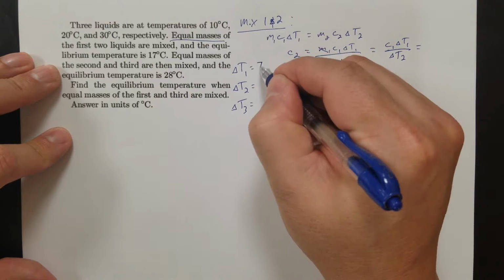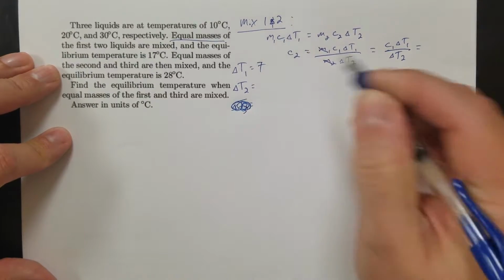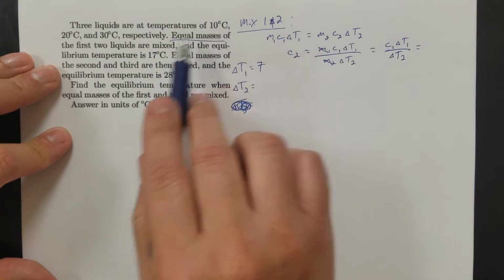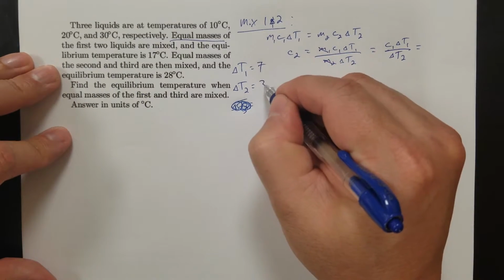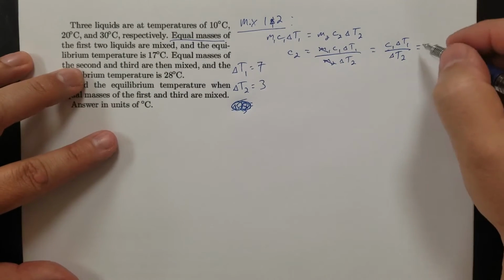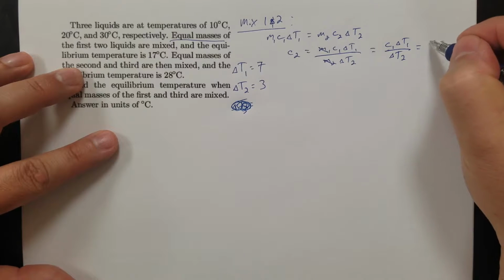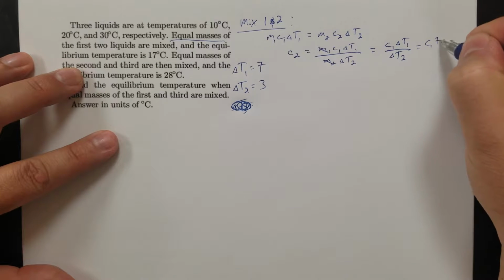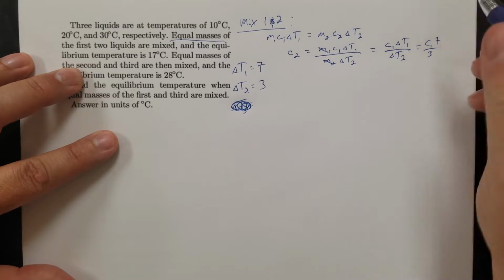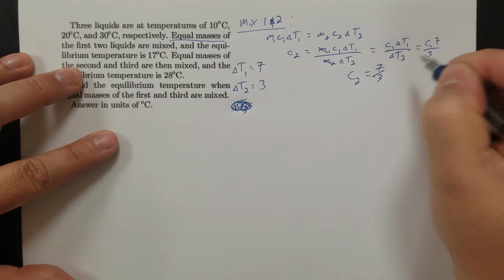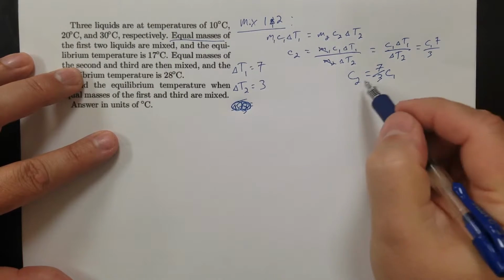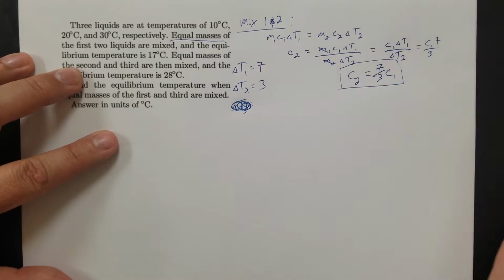So delta T1 is going to be 7 because it goes from 10 to 17. And delta T2 is going to be 20 to 17, that's 3. So this is going to equal C1 times 7 over 3. So that means C2 equals 7/3 C1. Okay, so I've got that.